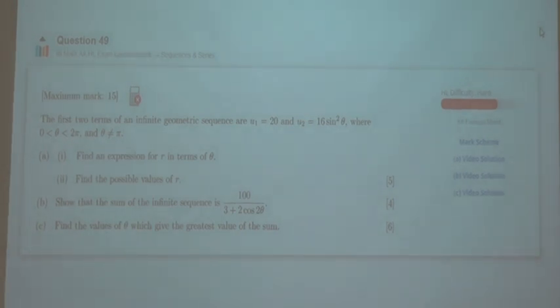So we need something for r. Any clue? But if we simplify this as cos squared, wait, is that 3? Yeah, okay, let's see. 2 cos squared 2 theta in terms of sine is what?